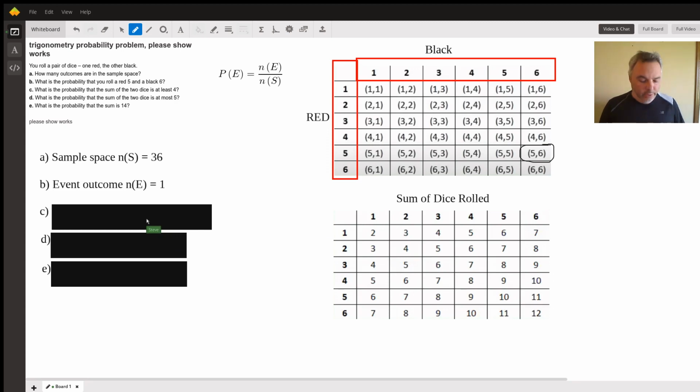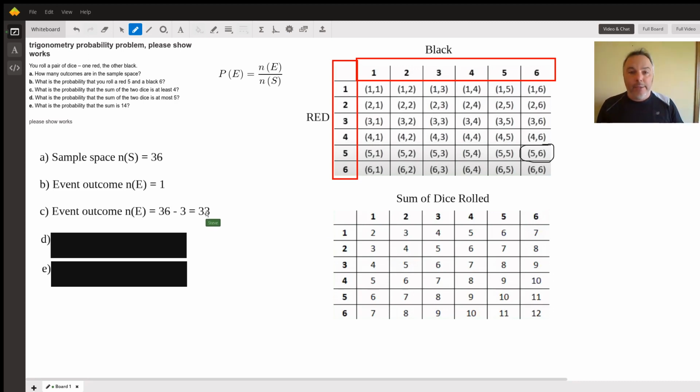So what I could do here is simply subtract 36 minus the 3 negative outcomes to get 33 positive outcomes. So here, the numerator would be 33 divided by the total sample space of 36. So 33 over 36. And a hint, you can divide both by 3 and reduce it to 11/12. Okay, so that is an alternative way to do part C, by looking at the negative outcomes as well.